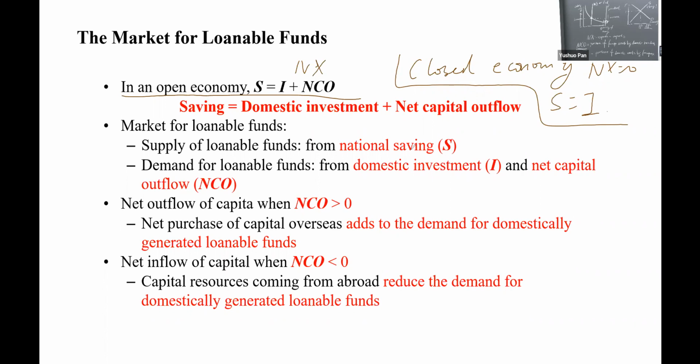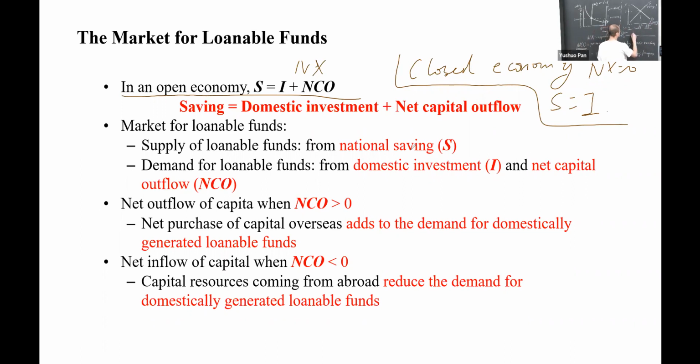So saving in an open economy equals domestic investment plus net capital outflow. In this figure, for the loanable funds in the closed economy, we assume that D is the investment, all of it I, so S equals I. But in the open economy, this demand is not just investment in your domestic market.